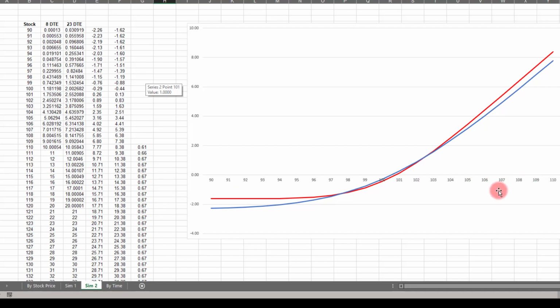We get the same results, almost. The shorter term option in red outperforms. It loses less than the blue if the stock collapses. And the red line sits above the blue. It outperforms the longer dated option if the stock moves in our favor. But you can see that if the stock stays fairly quiet, this is the only region where the blue curve sits above the red.